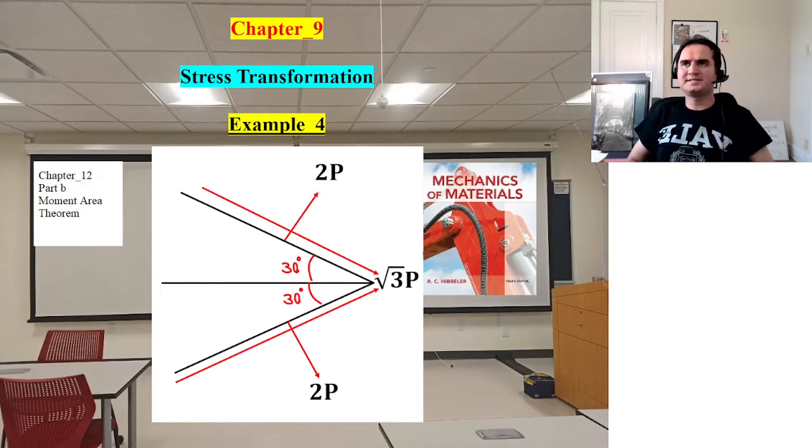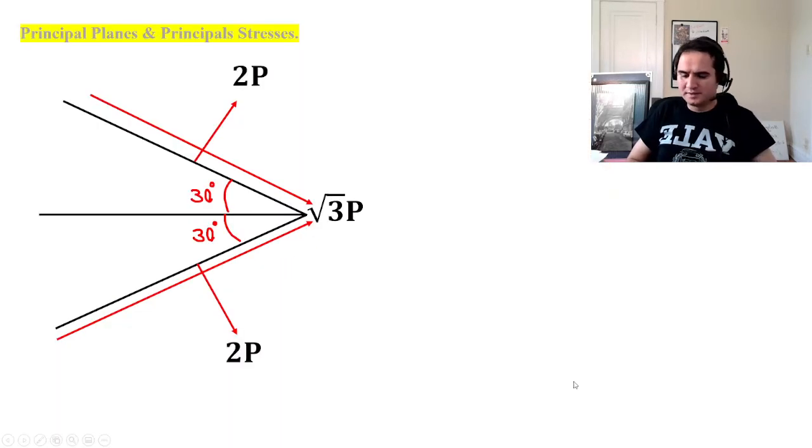Chapter 9, Stress Transformation, example number 4. In this example, we want to calculate the principal stresses on a sample with a shearing stress at two plates, with a 30-degree angle to the x-axis for the first plate and another 30-degree angle for the other plate.